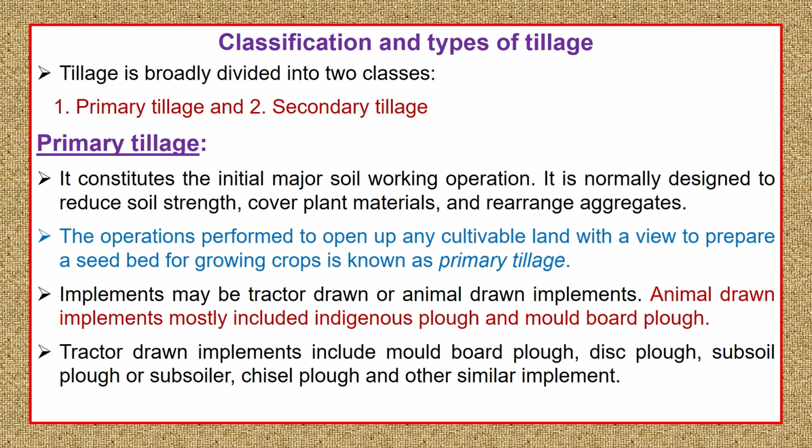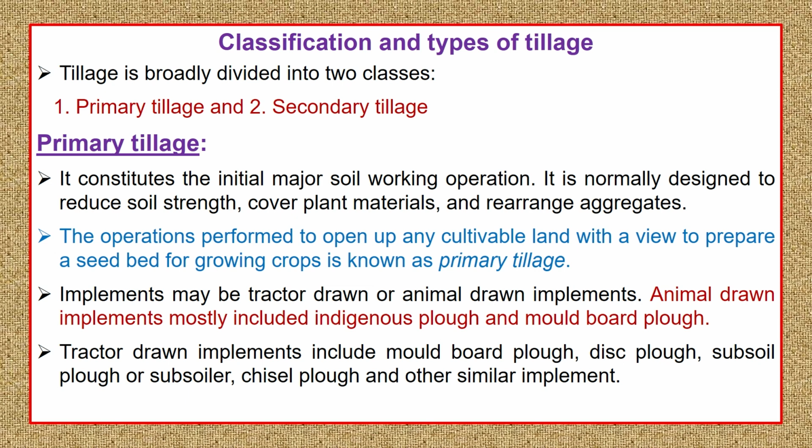Whenever anyone performs the plowing operation in order to prepare the seedbed for growing crops, that refers to primary tillage. Sometimes tillage is also done not to grow a crop but to prepare the land for other purposes. So whenever we develop a land for any other commercial activities, tillage is done there also.